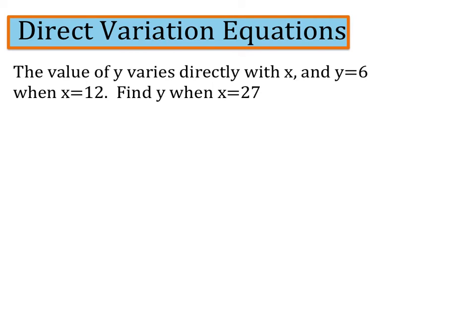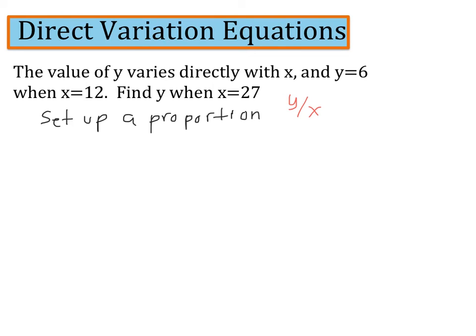So to solve these, what you want to do is set up a proportion. Now the reason this works is because all of the values of y over x are going to be the same.